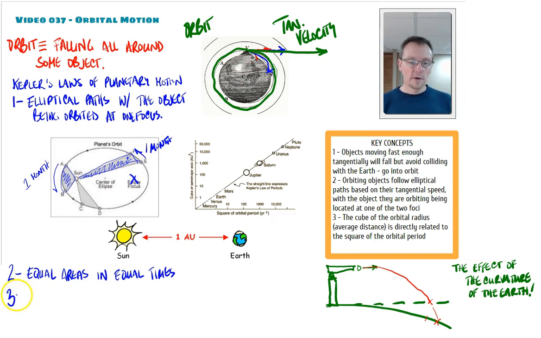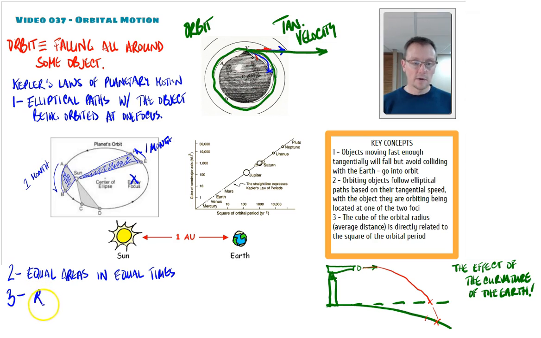The last one is the most important in my mind here, and that's the idea that there is a relationship between the time that it takes to go around its orbit and the average distance it is away from the object it's orbiting. And so here's the simple formula that's on the formula sheet for you.